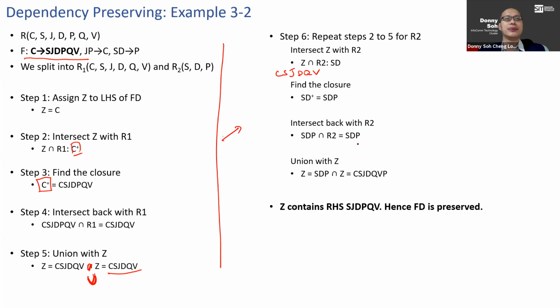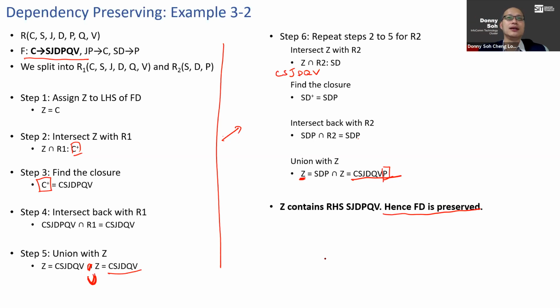This will give me SD and P again. I union it back with Z, will give me CSJDQV, and now I have additional P because of this. I see that my Z contains my right hand side of SJDPQV, and so my FD is preserved.